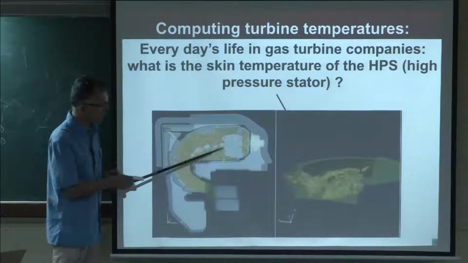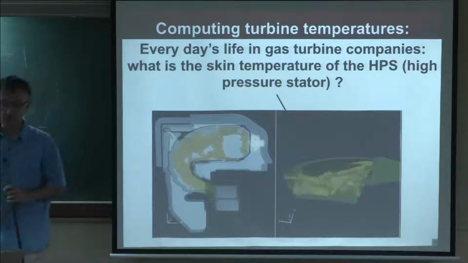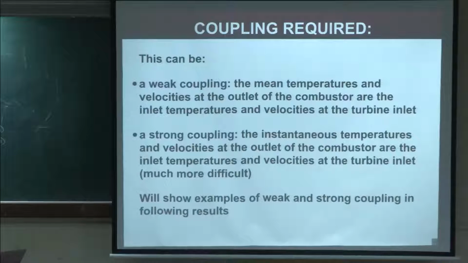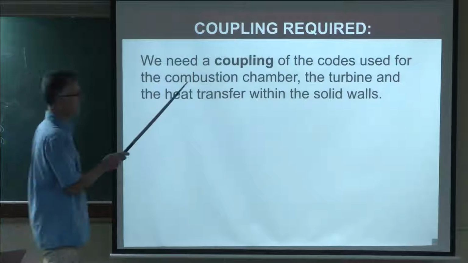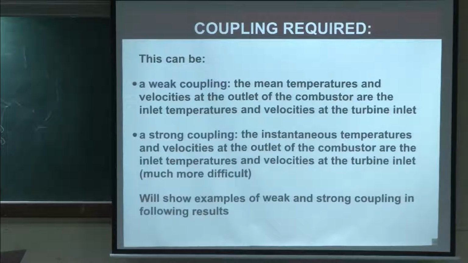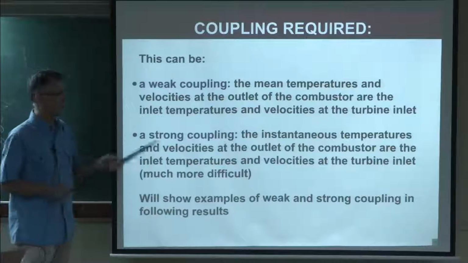What we try to do now is what you see on this film. We try to do everything in the same code because the fluctuations are going to be important. So what we need now is a coupling of the codes for the combustion chamber, the turbine, and the heat transfer within the walls. And this is what's going to happen in your generation, that you will see more and more of this type of coupling. Now, this coupling can be what we call weak or strong.